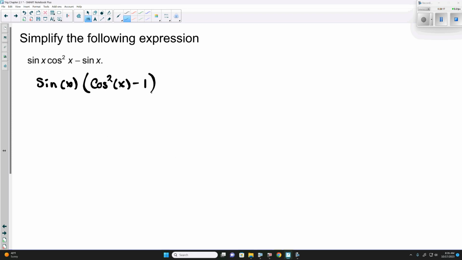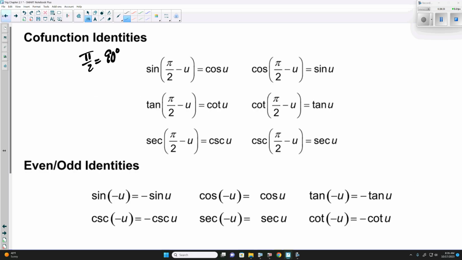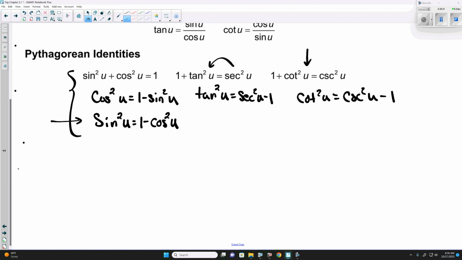Now this part should look familiar. Pythagorean, yes? And incidentally, the one that the arrow is pointing to does look similar to what we have, because we said sine squared of u is equal to 1 minus cosine squared.